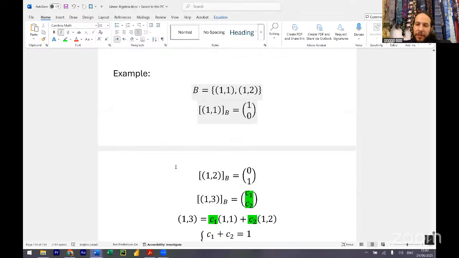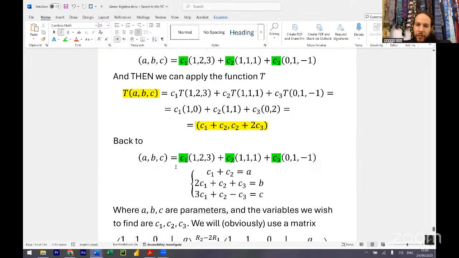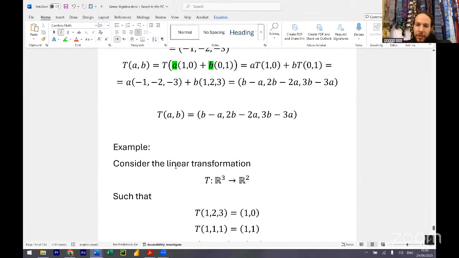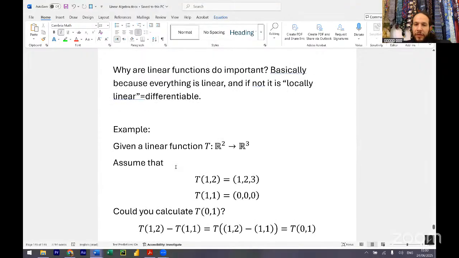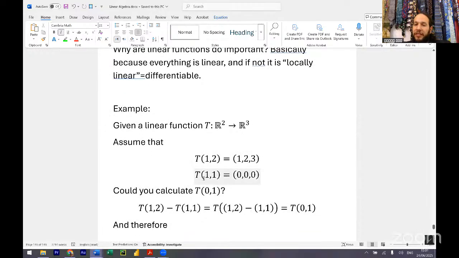Remember this example? Thomas solved it by a trick. Now we can do it again without a trick, using the coordinates we just found.